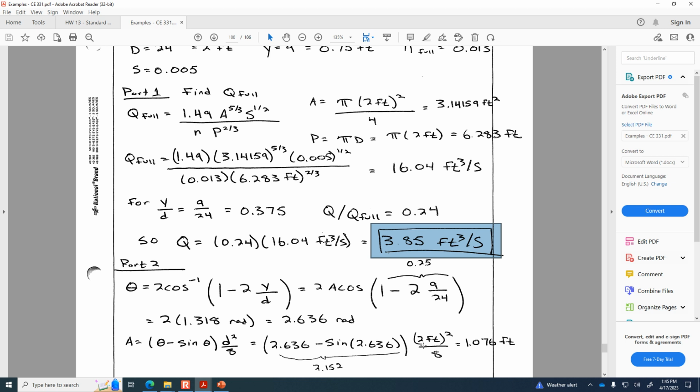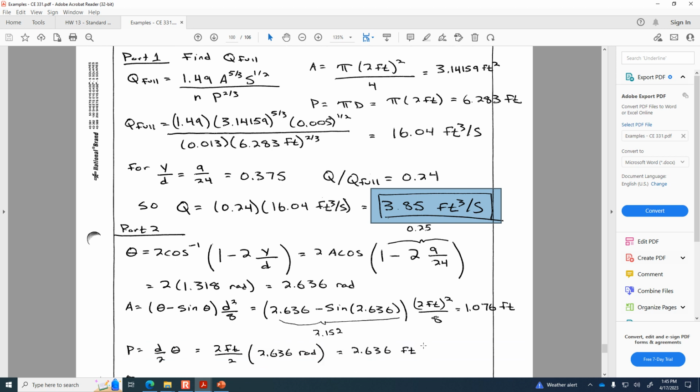So the area from the water line down to the pipe material. That's the area it's talking about. And same thing with the wetted perimeter. The wetted perimeter is not the entirety, the wetted perimeter of the whole pipe. It's just the wetted perimeter that the water is actually in contact with the pipe material at that depth.